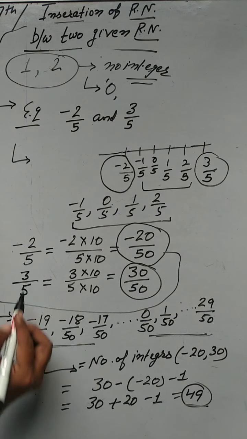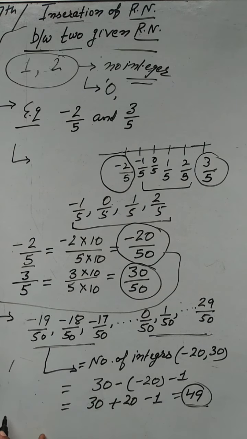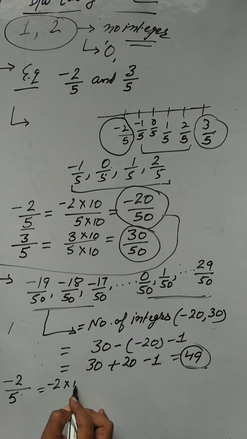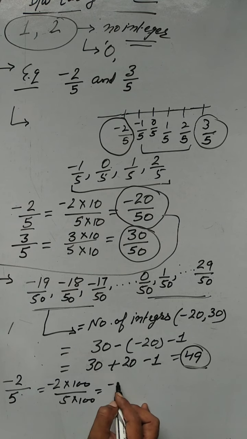Like if I change the denominator again, if I multiply it by 100: 2 multiplied by 100, 5 multiplied by 100, so it becomes minus 200 upon 500.